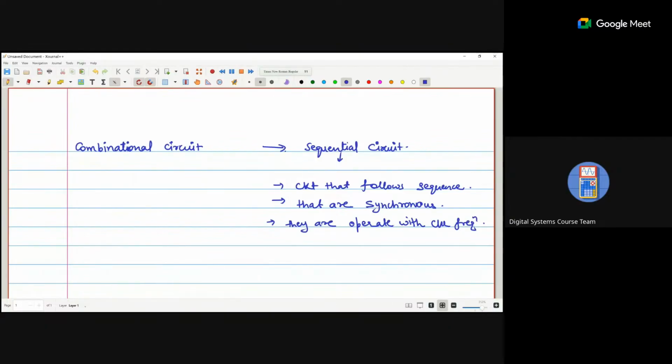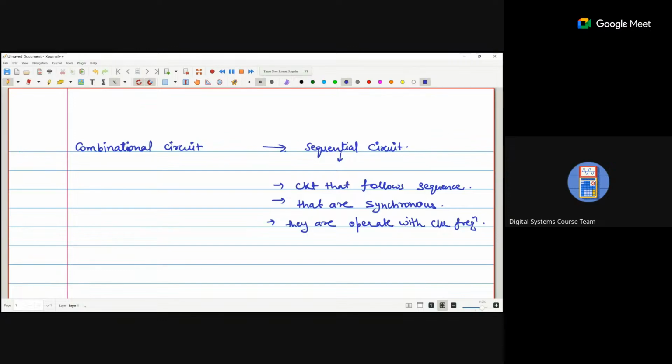Why clock frequency? Because a clock frequency or clock signal is a signal that is used for synchronization. Like if two different persons start moving and want to meet at some particular point, they synchronize their clocks. It is now 10, so now we start moving.